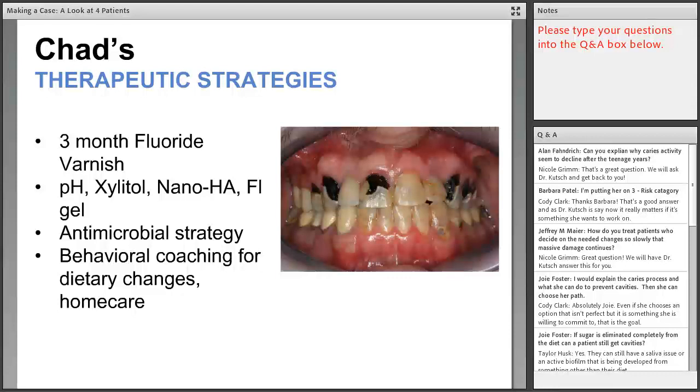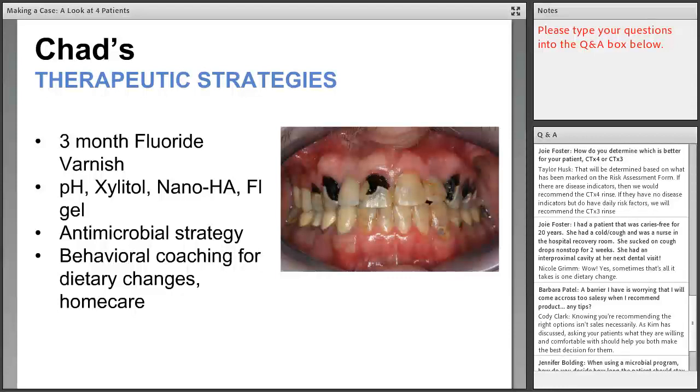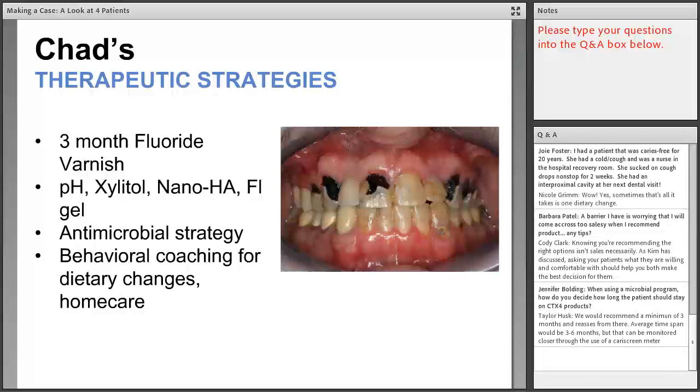So then you've got to have a frank conversation with the patient about behavioral changes: 2 steps forward, 1 step back. As long as I see continual progress, that's okay. But you can see what I did here with Chad was I used silver diamine fluoride. So all those areas that were kind of dark brown are now black. And I explained to Chad, man, we've got a lot of work to do here in terms of restorative dentistry.